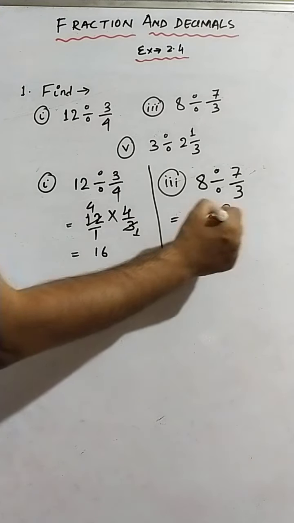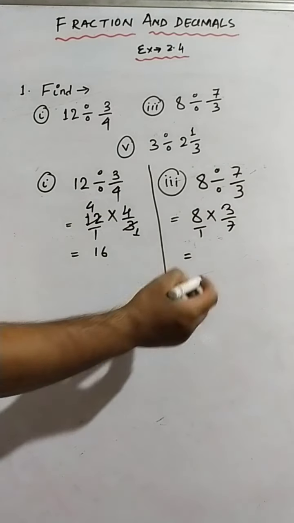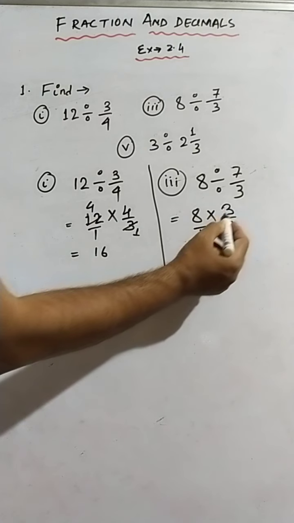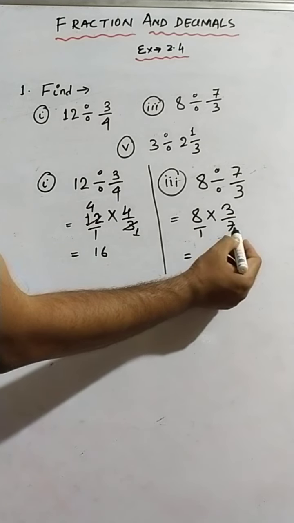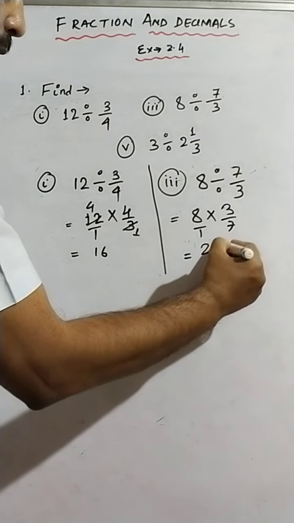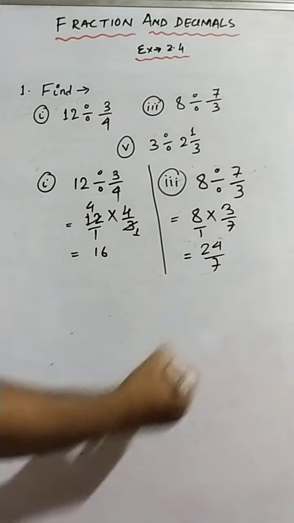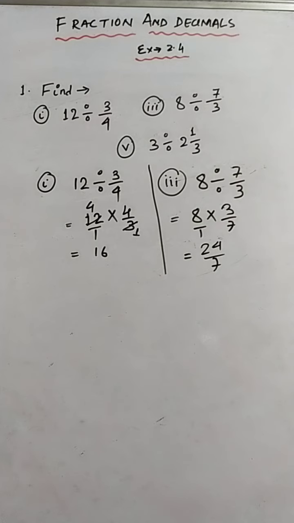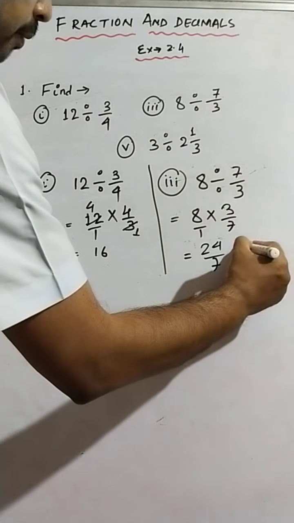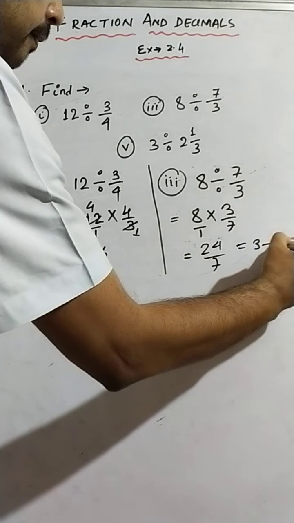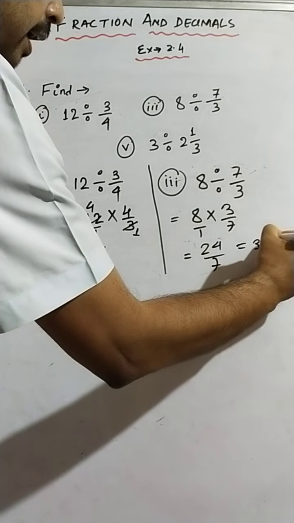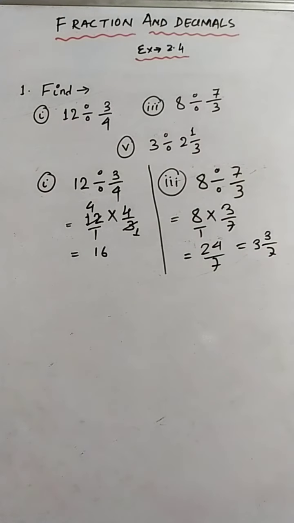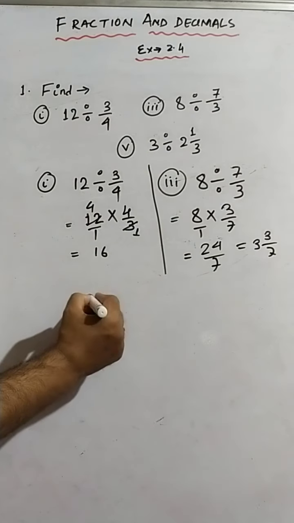Now can you reduce any of the numbers? No. So we just multiply numerator with numerator and denominator with denominator. So 8 3s are 24 and 7 1s are 7. Now because it is in the improper form, we will give the answer in the mixed fraction form. So for that 7 3s are 21 and this would be the answer: 3 and 3 by 7.